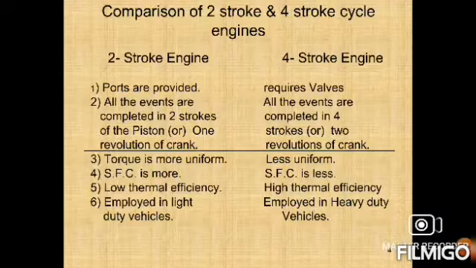Second point: in a two-stroke engine, all the events are completed in two strokes of the piston, in one revolution of the crank. All the events, suction, compression, power and exhaust, are completed in one revolution, and one power stroke is produced in that revolution.